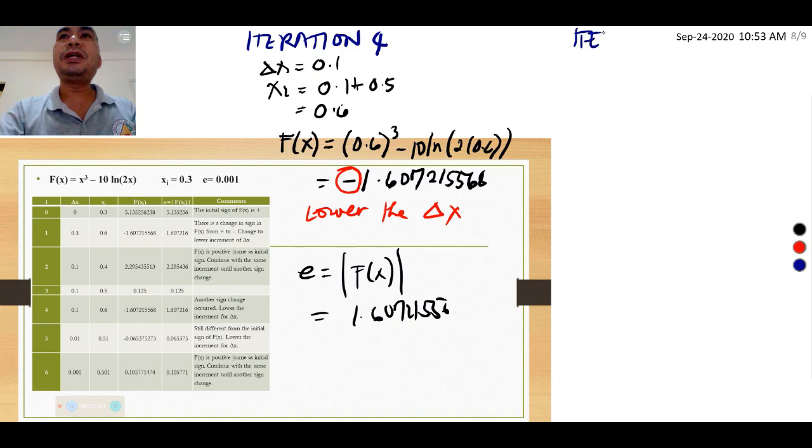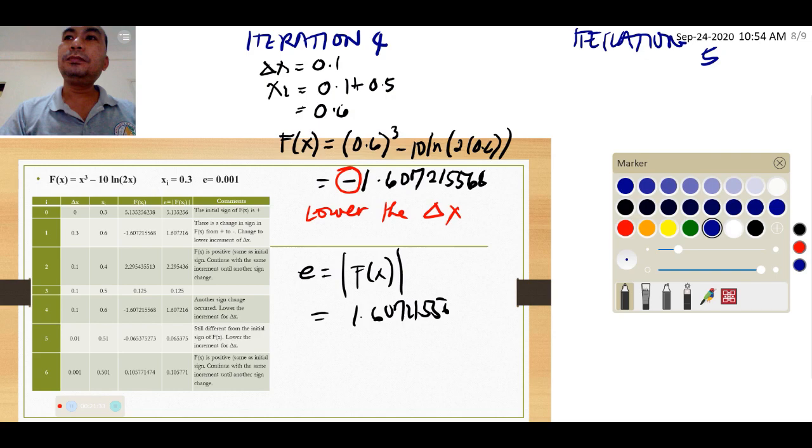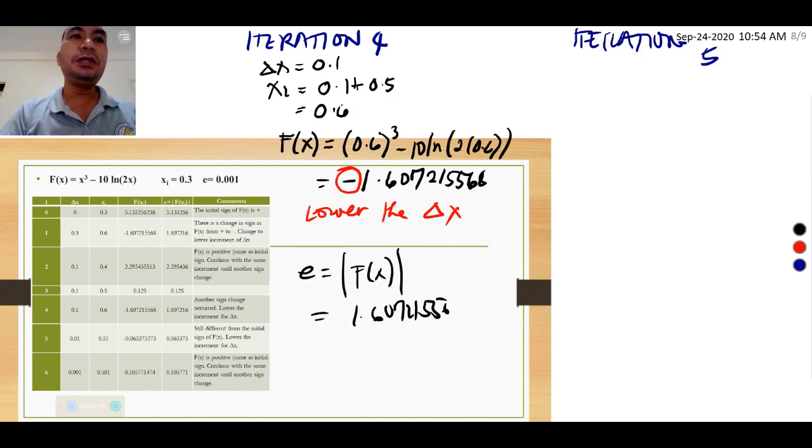So in iteration number 5, again, since this one has a negative value, we will neglect iteration 4.